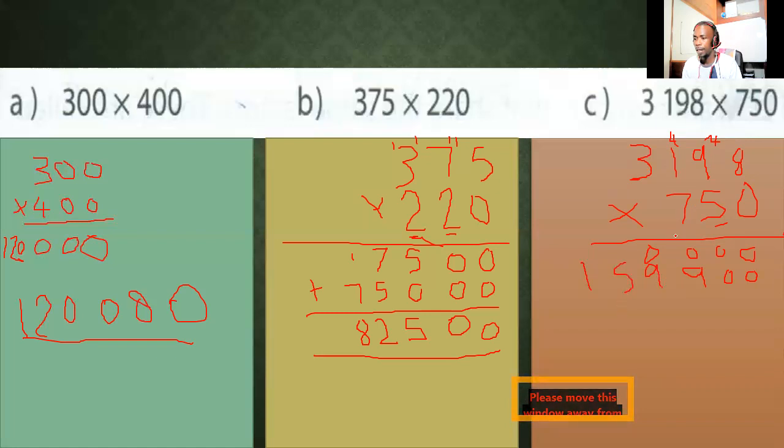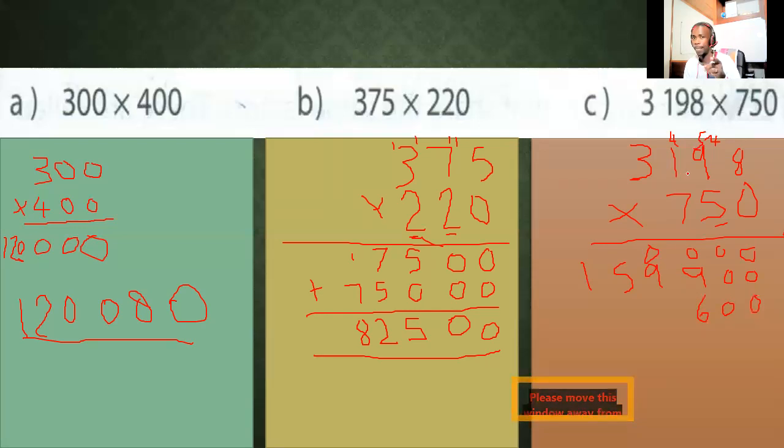Now we are using hundreds, which is 7 here. Since we are multiplying by a value of hundreds, we put 2 placeholders, zeros, 0, 0. Then let's multiply. 7 times 8 is 56. 6, we carry 5. 7 times 9, 63.